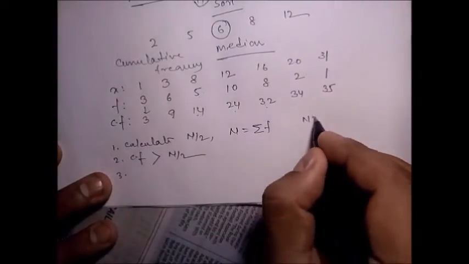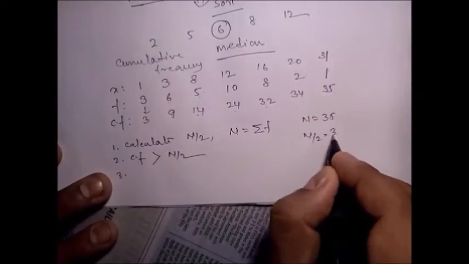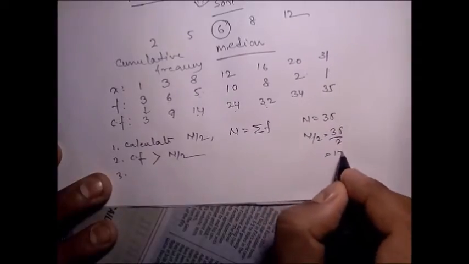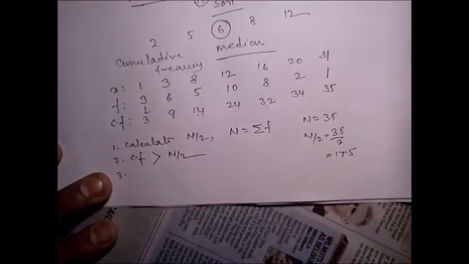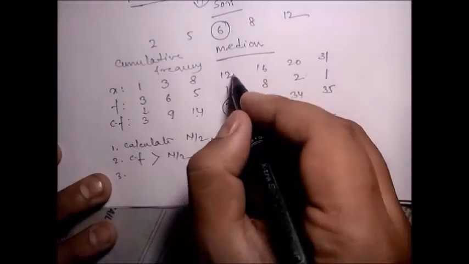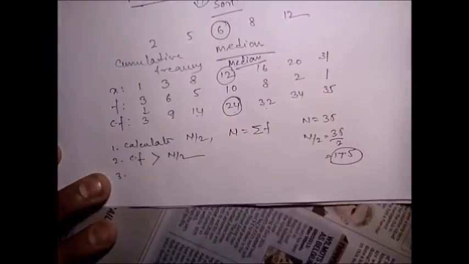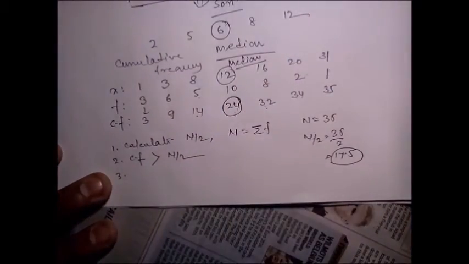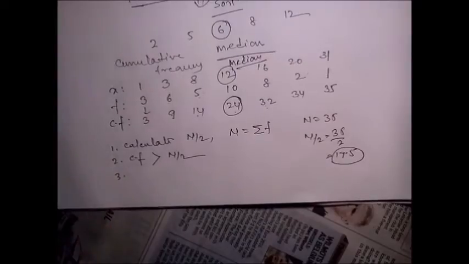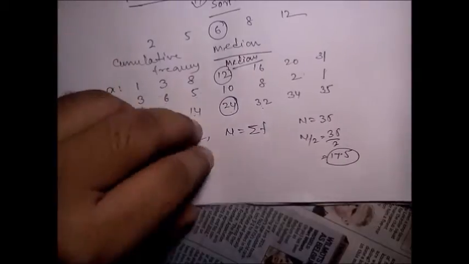So n is 35, n by 2 is 35 by 2, it is 17.5. Now just more than 17.5 is 24. So the corresponding value 12 is the median. Are you getting it? So in this way we can calculate the median for the ungrouped frequency table.